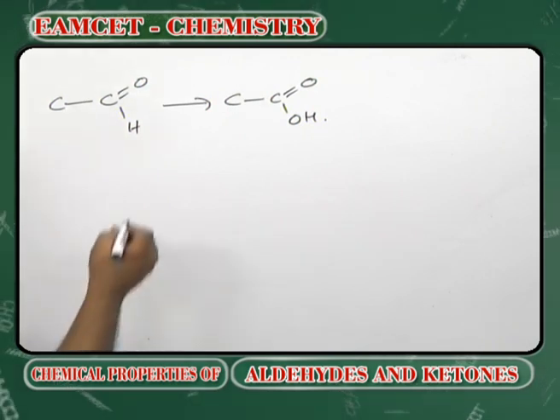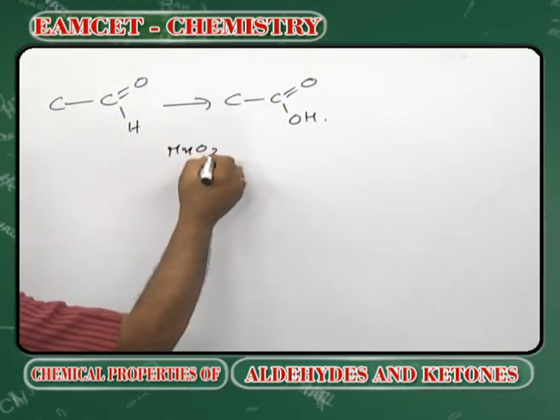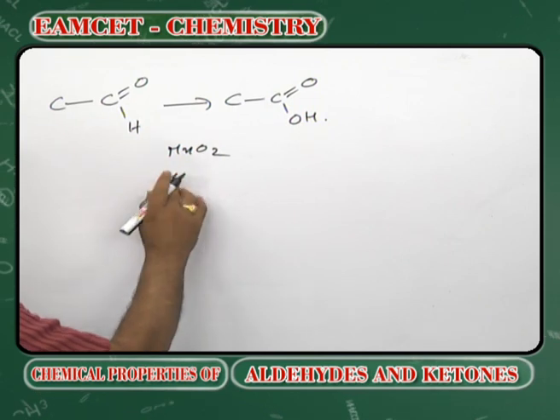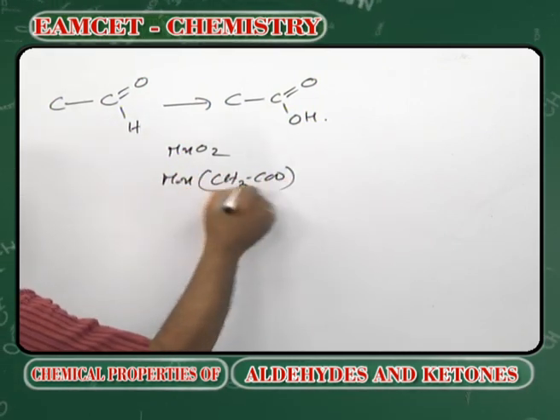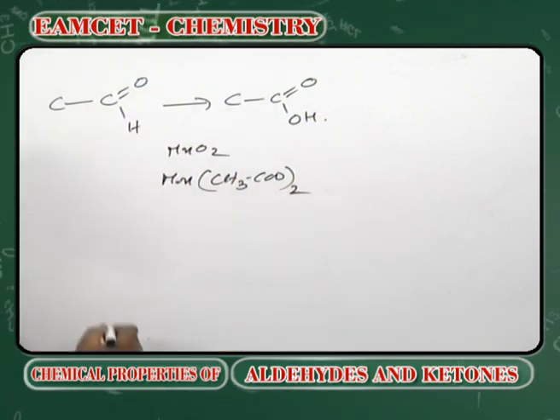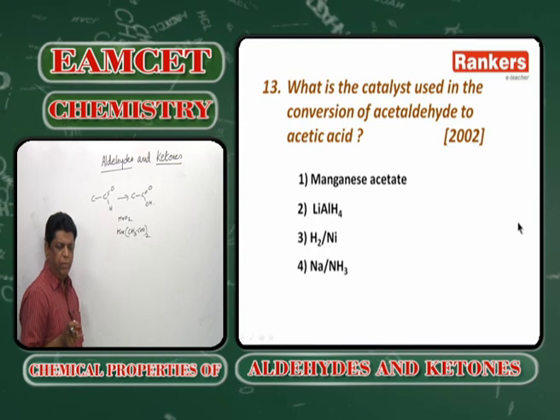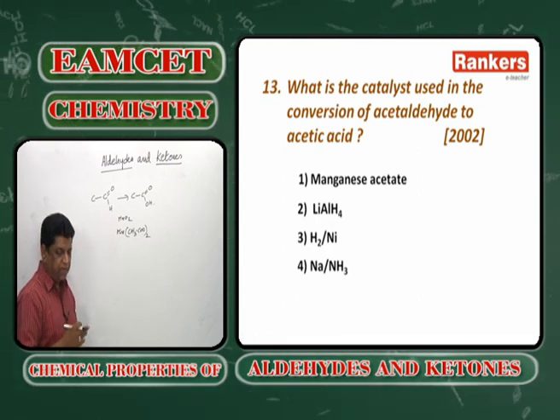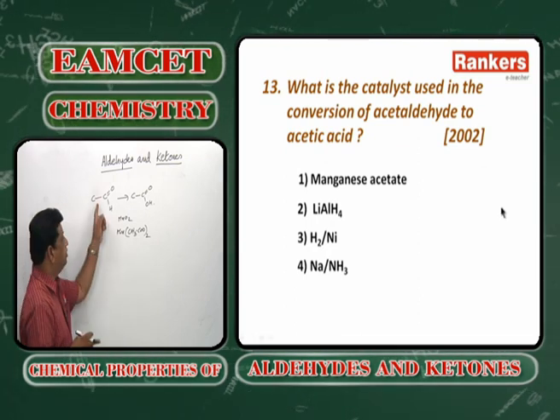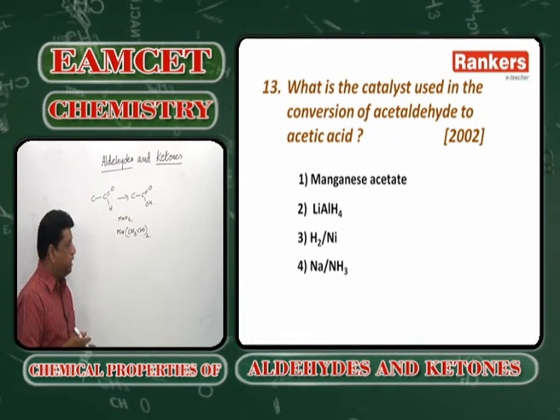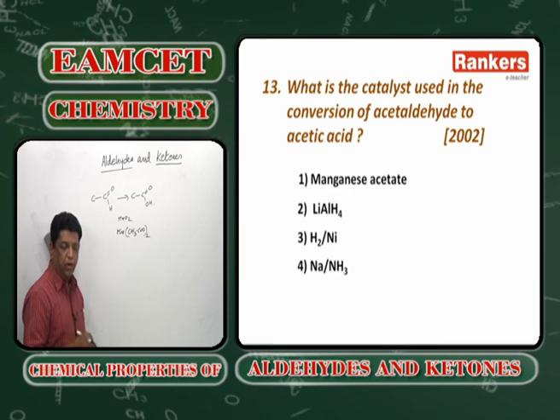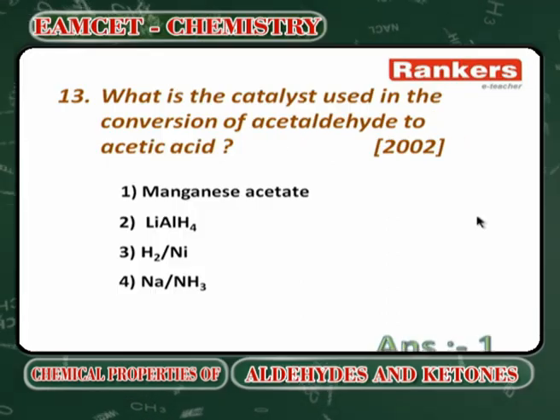You can use MnO2 or manganese acetate. Acetate means CH3COO, manganese acetate. Dichromate acids also you can use, but lithium aluminum hydride is a reducing agent. Second one is not an option. Hydrogen nickel reduces to ethyl alcohol, and the third one, sodium ammonia, is also a reducing agent. Therefore the only option left over is manganese acetate.